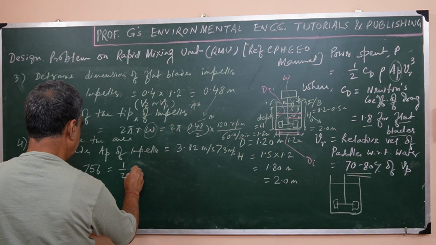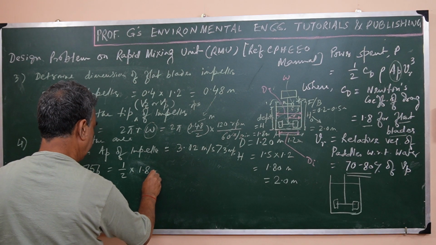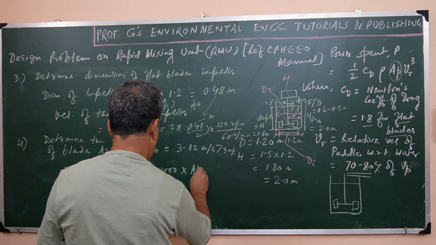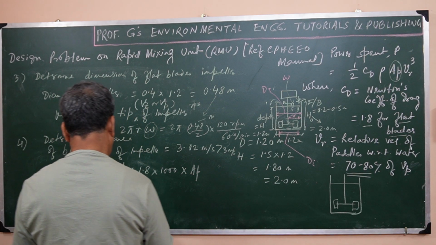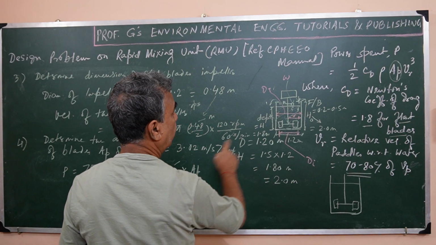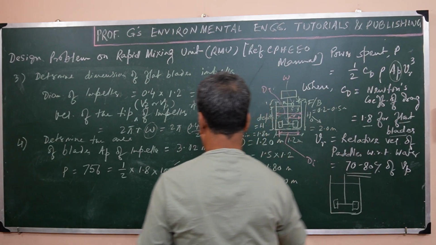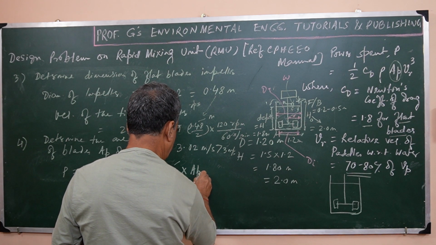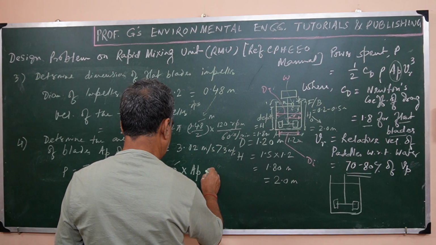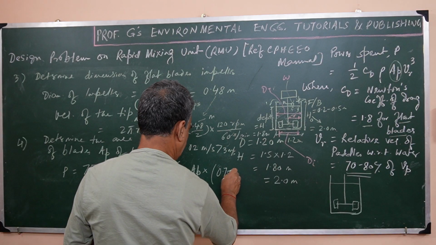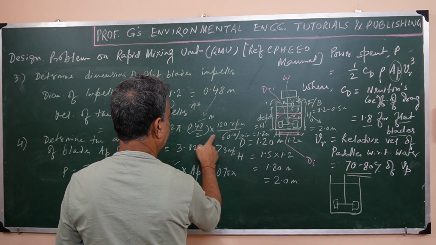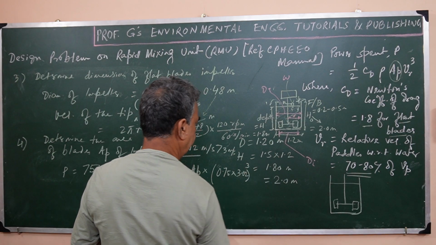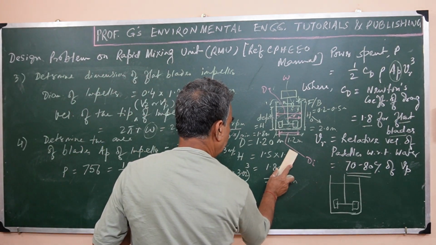Then half CD, 1000 into AP, where 1000 is the rho. AP is what we are required to calculate, the total blade area, and then 0.75 times the tip velocity, that is how much we have got, 3.02 cubed. I am erasing this one to avoid confusion.